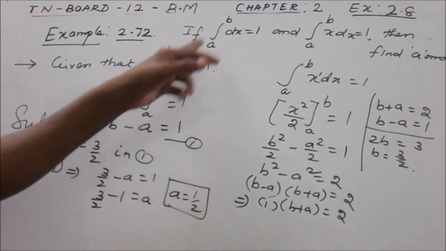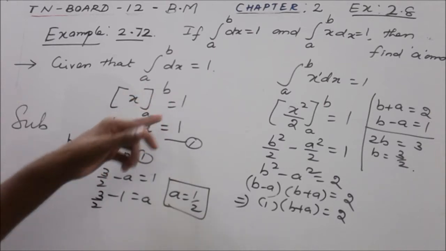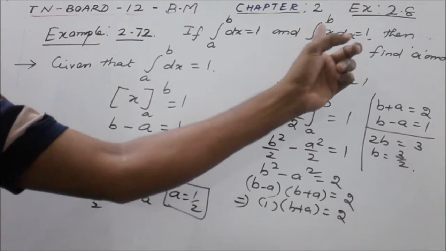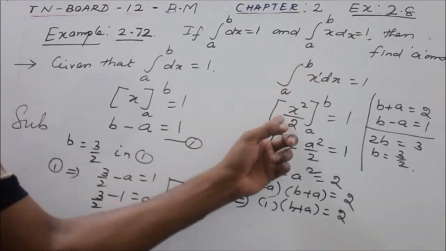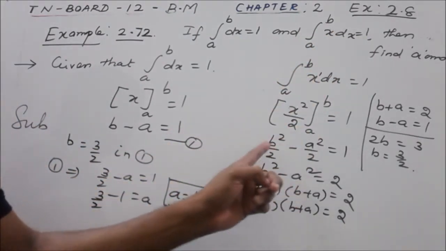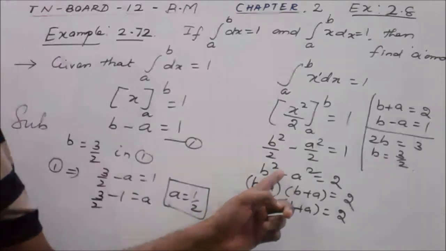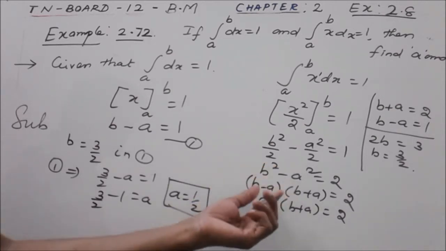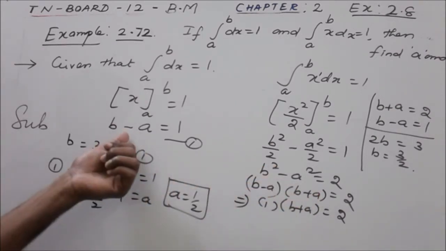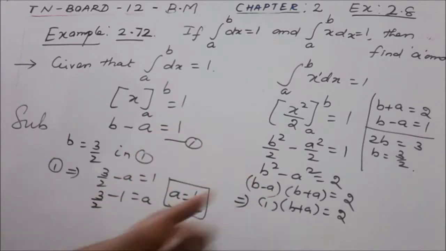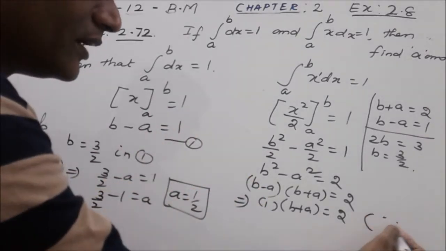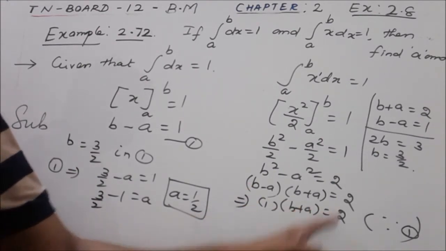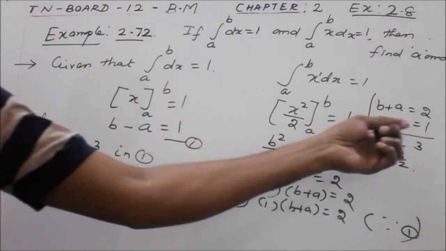First integrate the first condition and then substitute upper and lower limit, you will get one equation. Then move to the second condition. There are two conditions given. Integrate and substitute upper and lower limit. Again we have one more equation, in the form of b square minus a square. So applying the formula b minus a into b plus a, substituting b minus a equal to 1 from the first equation, it becomes 1 into b plus a equal to 2, then b minus a equal to 1 is taken here.